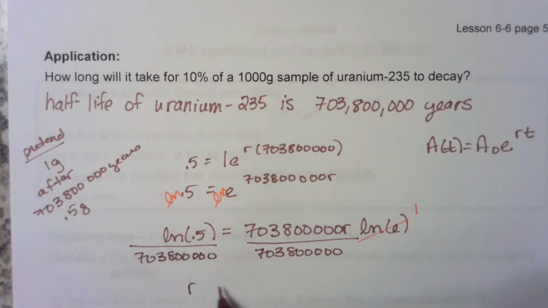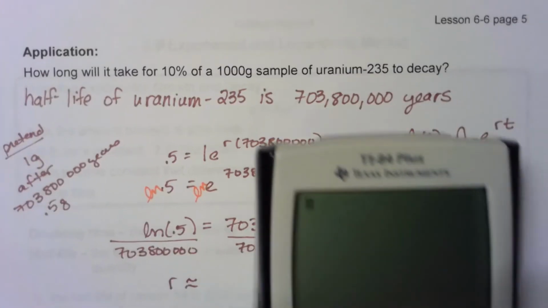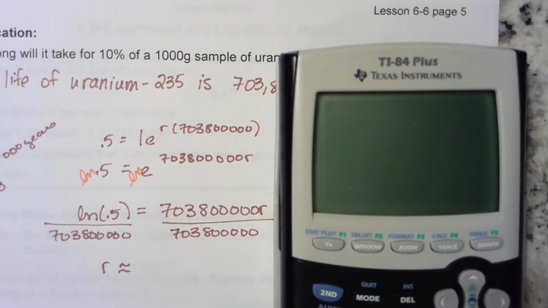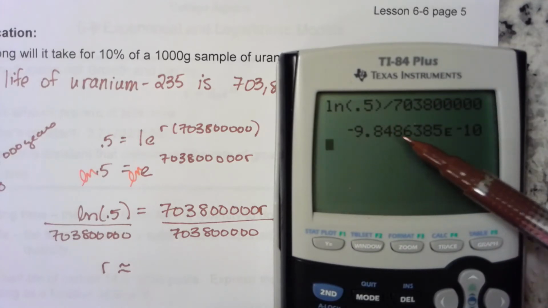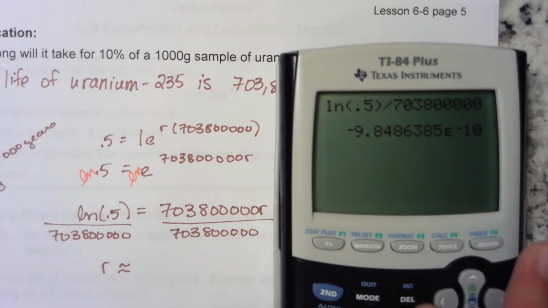So we have r as approximately equal to the natural log of 0.5 divided by 703,800,000. So we have this number. This is negative 9.85 times 10 to the negative 10.